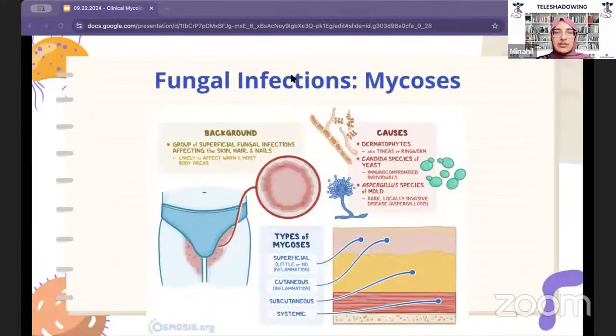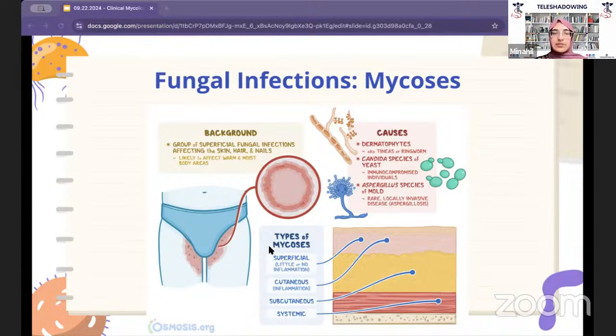So now I'm going to talk about fungal infections specifically. Fungal infections are also known as mycoses, so I'll refer to them as mycoses from here on out. Remember, mycology is the study of fungi, and mycoses is considered a fungal infection. Now, there are multiple different types of mycoses.